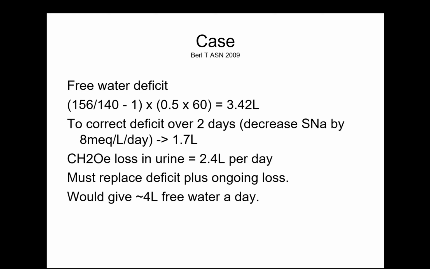How much free water are you giving if you give D5 half NS? Around 500 cc per liter. Yes, so it's the same as half normal saline because D5 is metabolized, right? D5, or any kind of glucose solution, only causes trouble if your patient develops hyperglycemia.